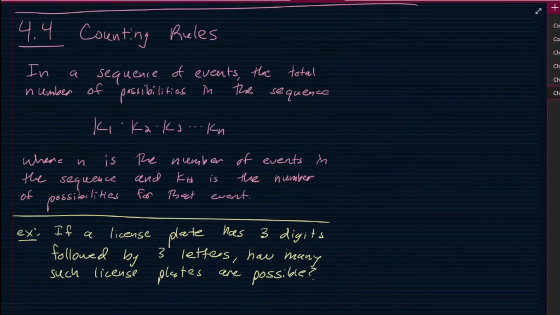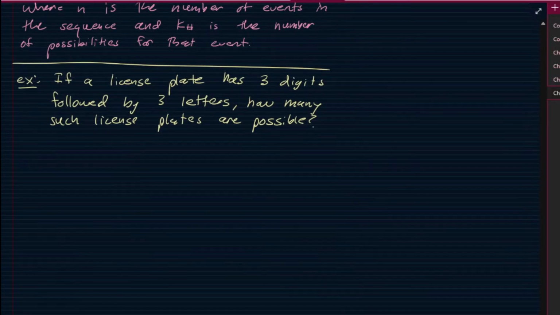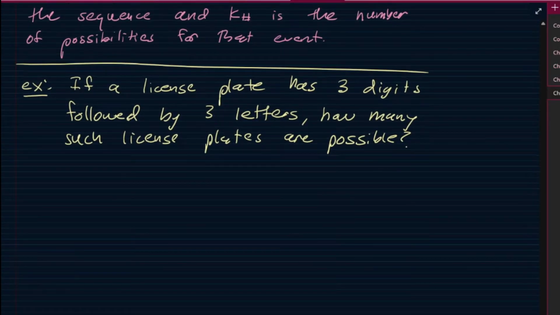Okay, so we want to use the fundamental counting principle here because we're allowed to repeat elements. For example, we could use a 3, and then another 3, or 5 for the first 3 digits. Or we could do ZZZ for the last 3 letters. We'll talk about what to do when repetitions are not allowed after this. But when repetitions are allowed, you can use the fundamental counting principle as we've got here.